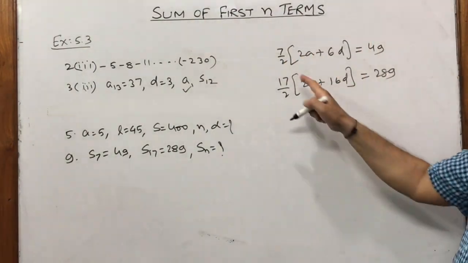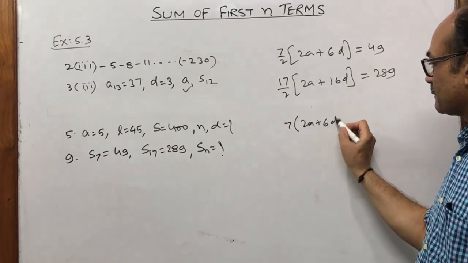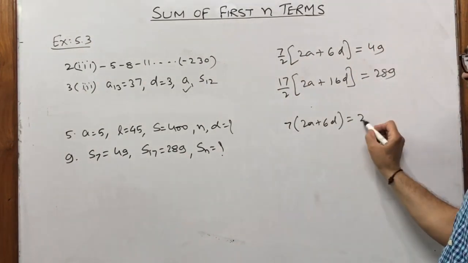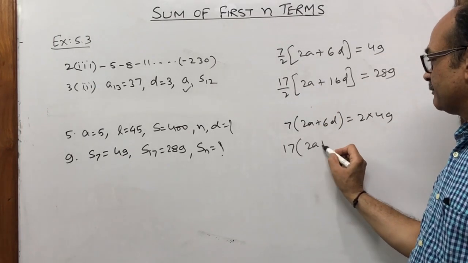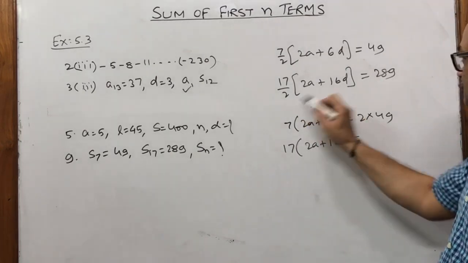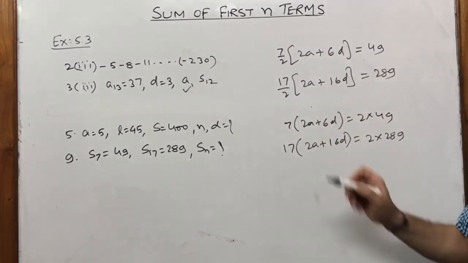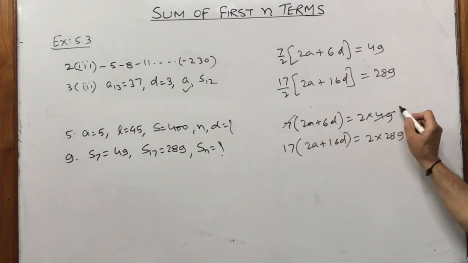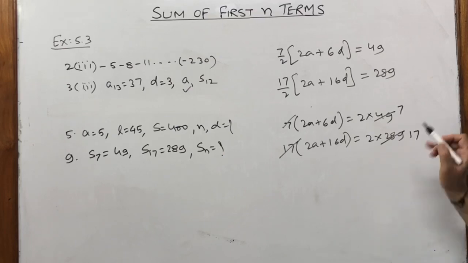So this will become 2 into 49, and this will become 2a plus 16d equals 2 into 289. Correct? 7 cancels out with 7, 17 cancels out with 17.